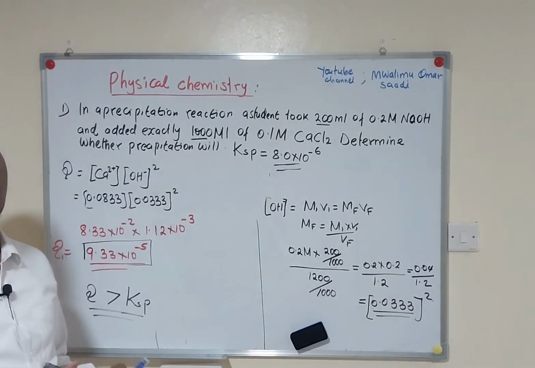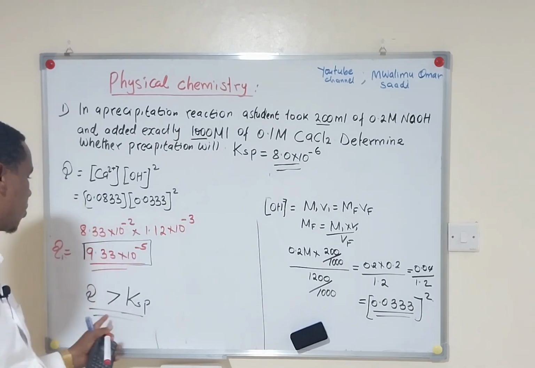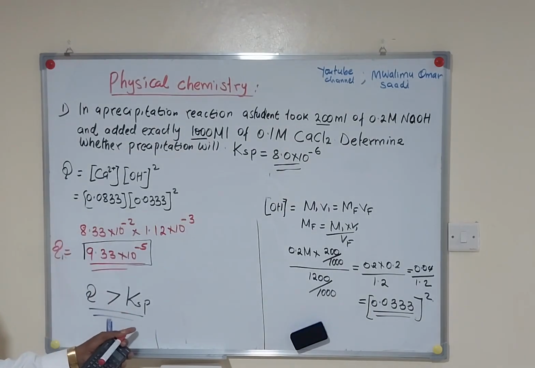Precipitate will form in this reaction because the Q is greater than the KSP. So that is how to know whether there is precipitation taking place in a certain reaction or not.